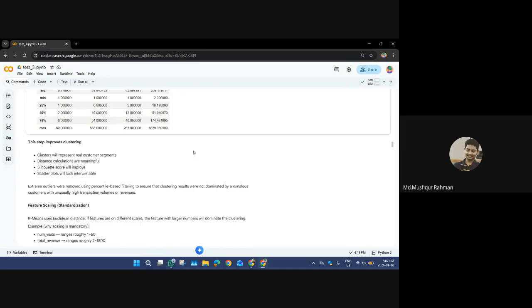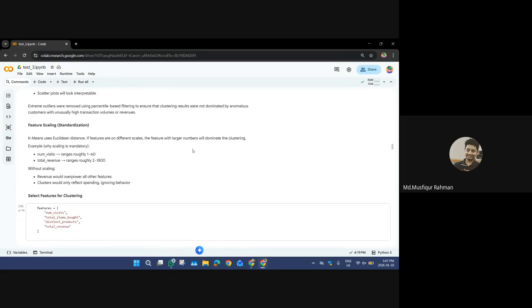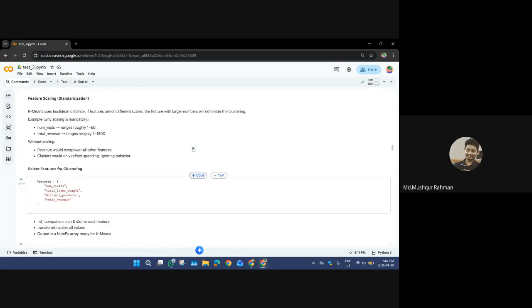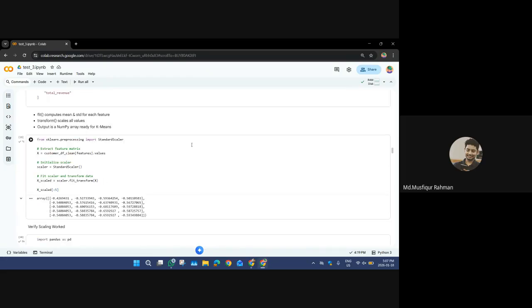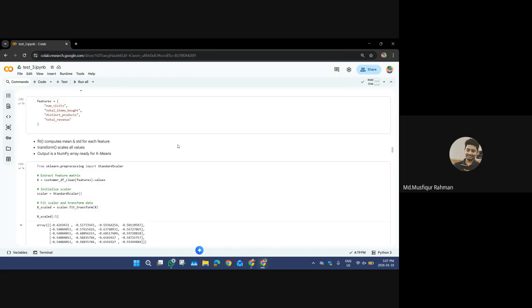And for the k-means, we need to compute the k value. So how would we compute? Before that, we need the standard scaler.